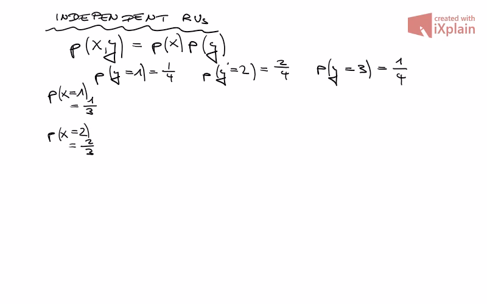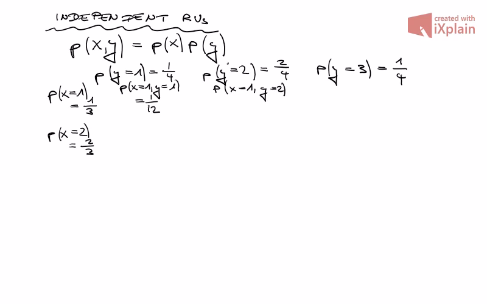So if we now look at the probability x equals 1 and y equals 1, we get 1 over 4 times 1 over 3, so that's 1 over 12. Here we get x equals 1, y equals 2.